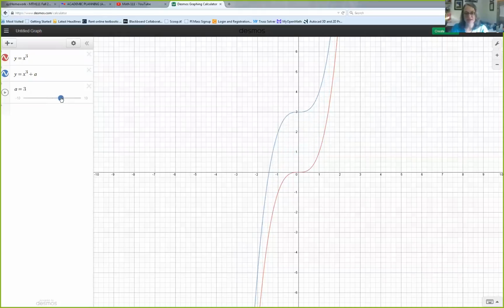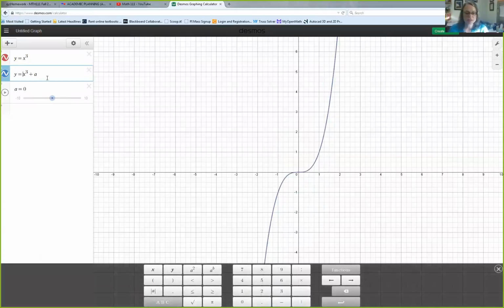So if I want to look at x cubed plus 3, you can see the blue line looks just like the red line, but it's shifted up 3. If I make my adder -3, it moves down 3. Okay. And if I make it 0, in other words, I'm adding nothing, this graph again lies right on top of my original graph.